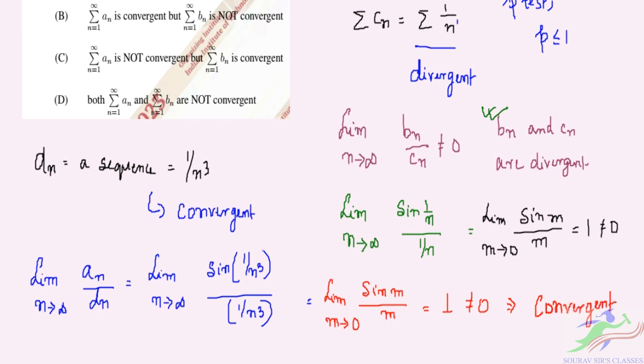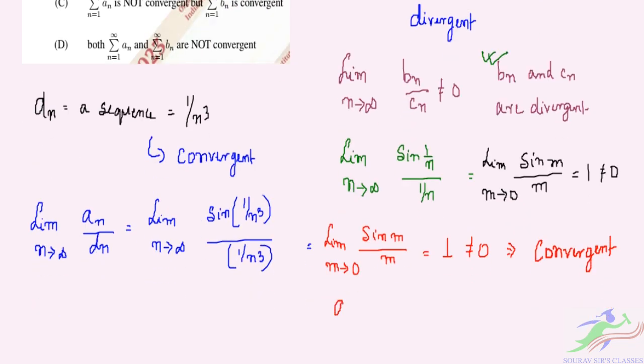So in our case the series a_n and d_n both are convergent, but we have to find for a_n and b_n. So b_n is not convergent and a_n is convergent. So what is our final answer?